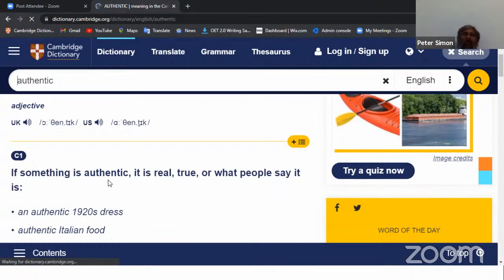Authentic is true thing, or authentic is what people say it is true based on the reality, not just bluffing. That is what is authentic. So go to that master. Cambridge Dictionary is a master for you. It is going to help you a number of things.